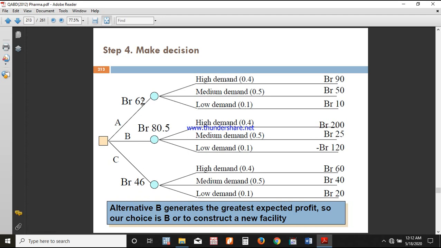From this, the highest value is clearly 80.5, which is alternative B. Therefore, the manager can decide on B to generate the highest expected profit, that is, constructing new facilities will bring profit to the business enterprise. If it is cost, you choose the smallest value, that is 46, so C, making no change.